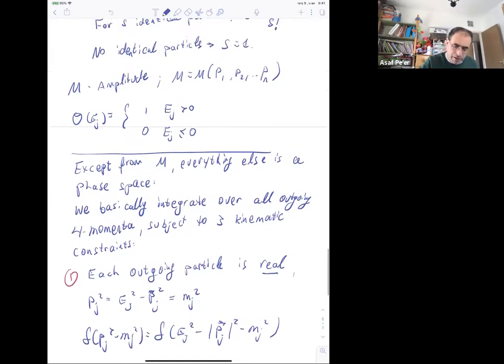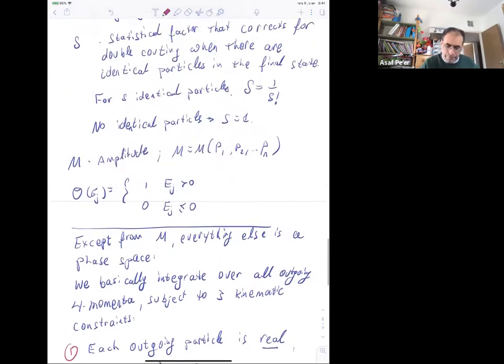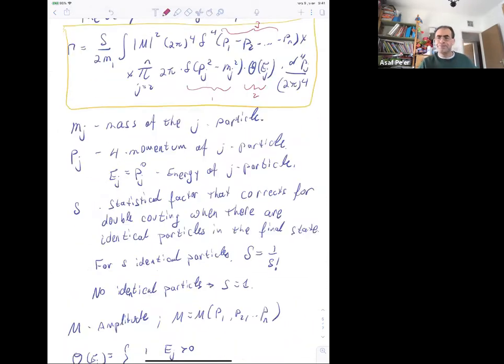The second constraint here, what does it physically mean? What is the physical meaning of this constraint?